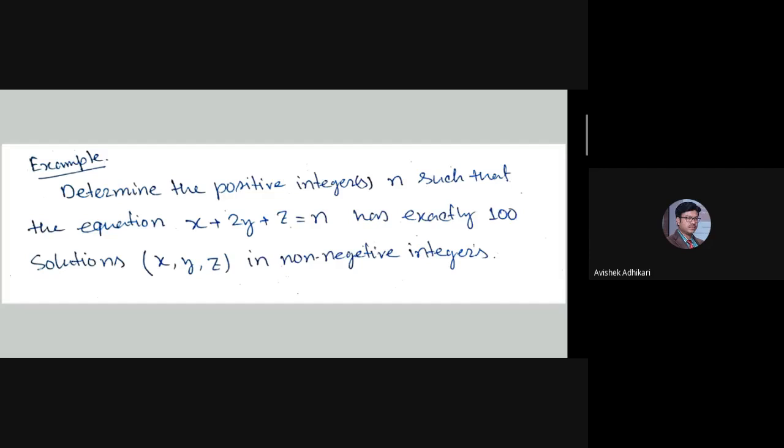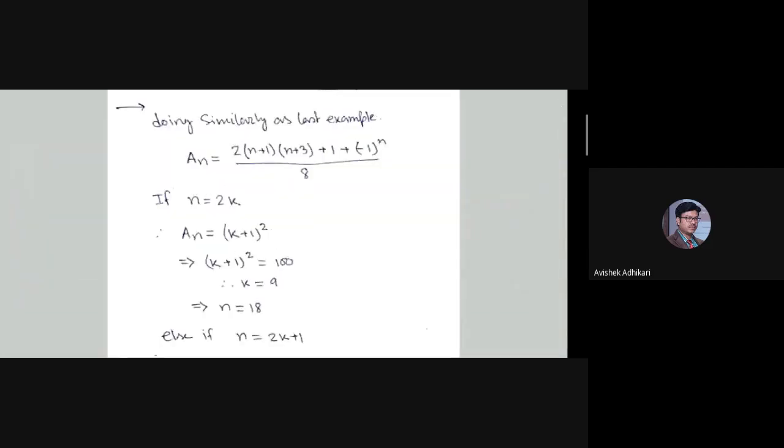Using the last theorem, skipping all the steps, a_n is of the form (2 times (n plus 1) times (n plus 3) plus 1 plus or minus (minus 1) to the power n) by 8.